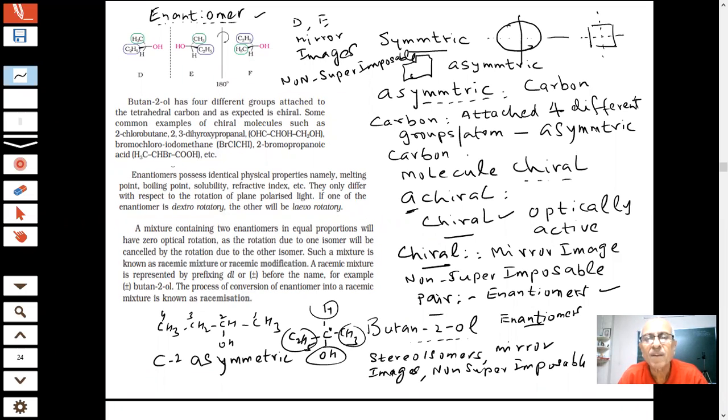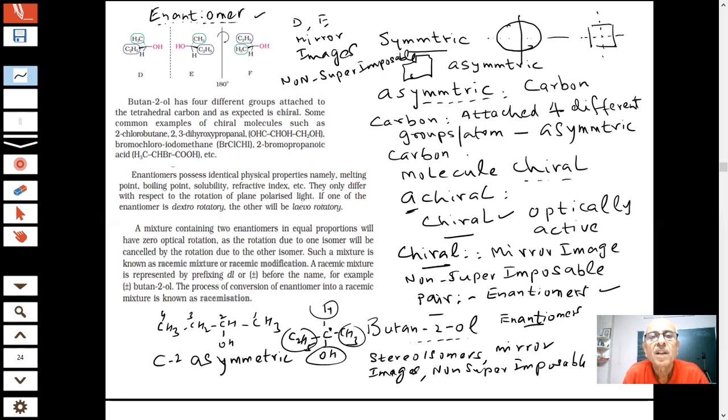Now we will take some questions and examples first of all on this. We know what enantiomers are. Enantiomers have the same physical properties like melting point, boiling point, solubility, refractive index. The only difference will be in the direction of the rotation of plane polarized light.